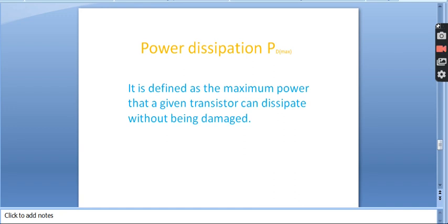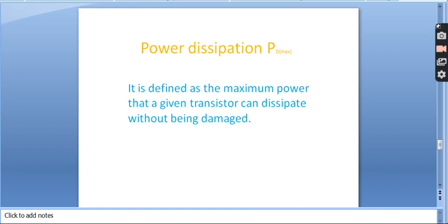That is the maximum capacity of a transistor to withstand power. Based on the input power given to the transistor, its capacity to dissipate the power without damaging the transistor is known as power dissipation.